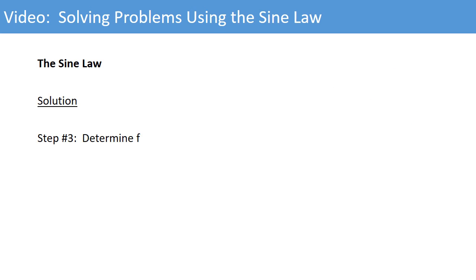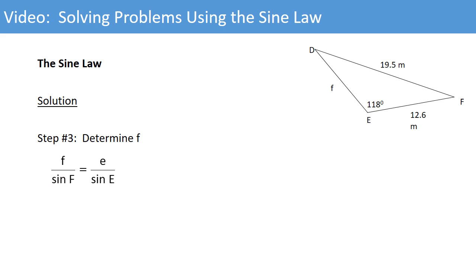And now we're in a position to find the value for f, again using the sine law. f over sine F equals e divided by sine E. f over sine 27.2 degrees equals 19.5 divided by the sine of 118 degrees.